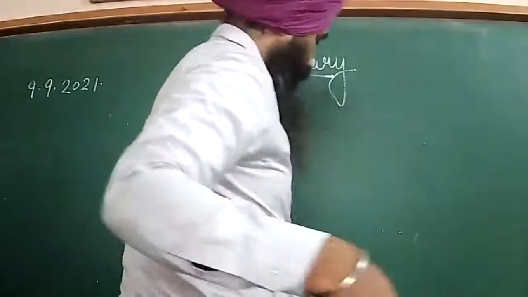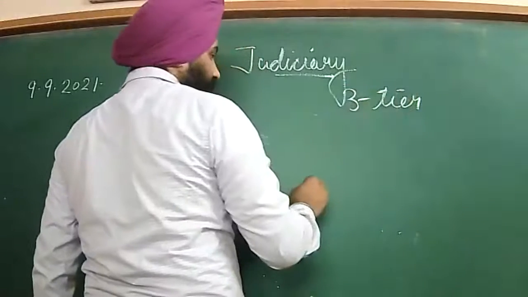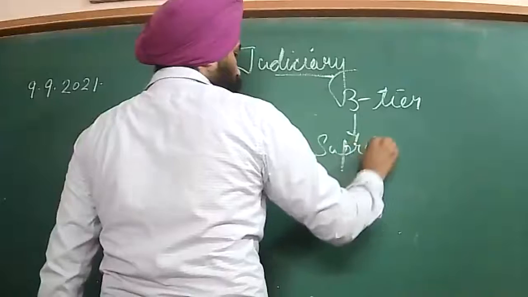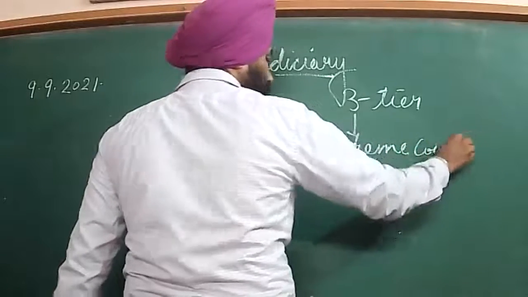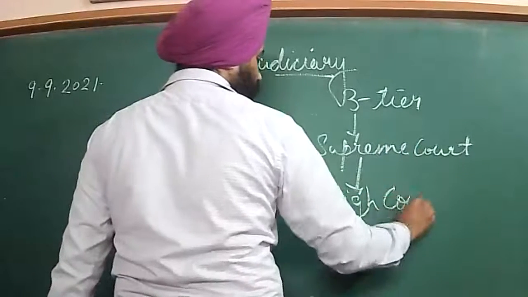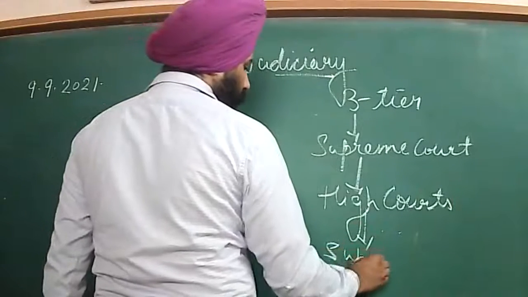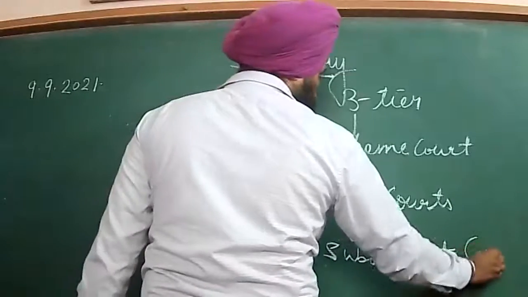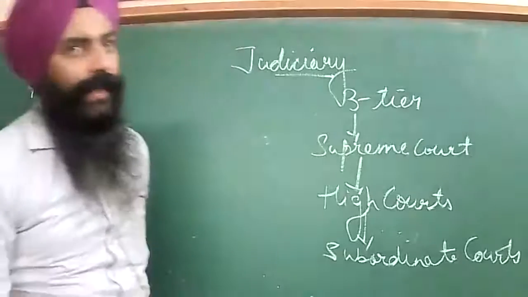First, the apex court, the Supreme Court; second, the high courts; and third, the subordinate courts. Clear? There are three levels of courts.